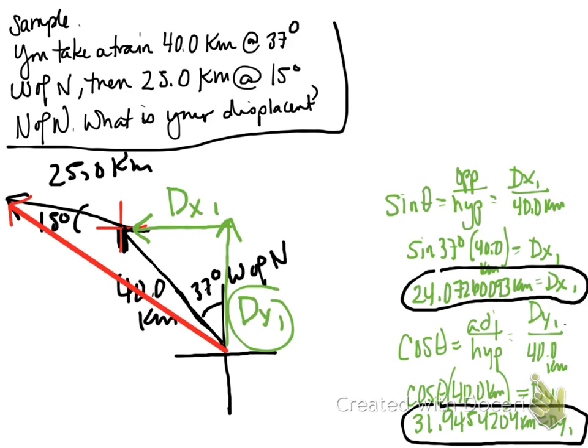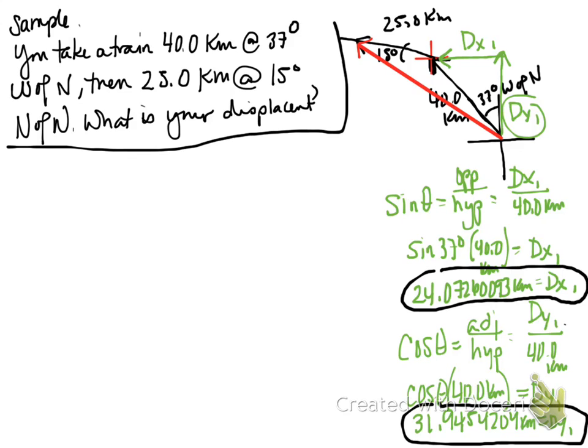Okay, so now I need to find the displacement on the x2 and the displacement on the y2. So I'm now looking at that and that. These are terribly drawn.